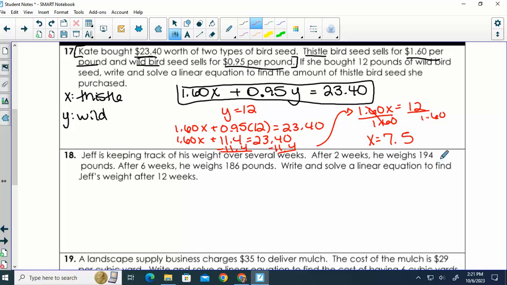The answer is 7.5. What would be the label on that? Yeah, we were finding the amount of the thistle bird seed, so it's 7.5 pounds of that bird seed.